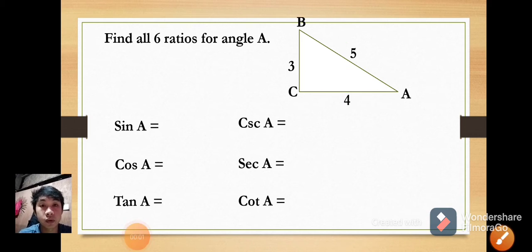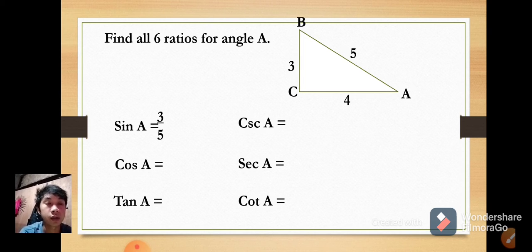Sine is equal to opposite over hypotenuse. Our opposite is 3 and our hypotenuse is 5. So sin A is equal to 3 over 5. For cos, adjacent over hypotenuse.